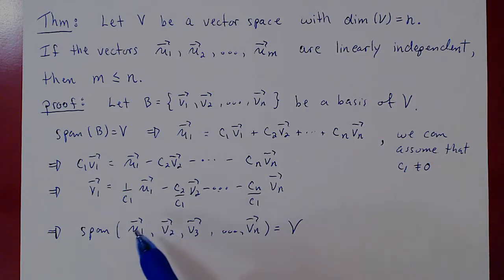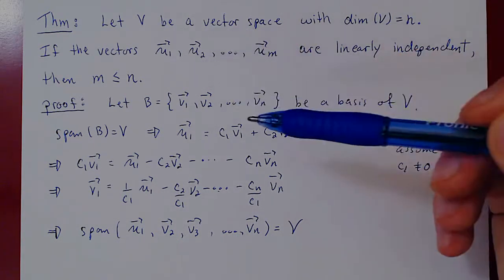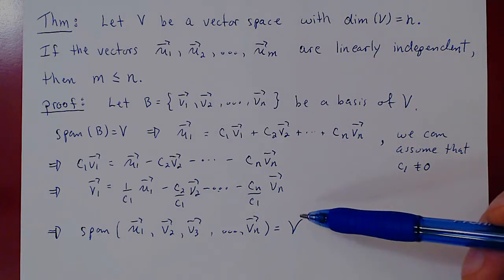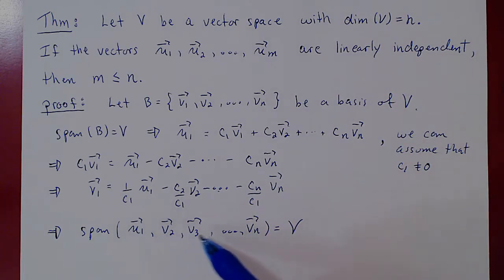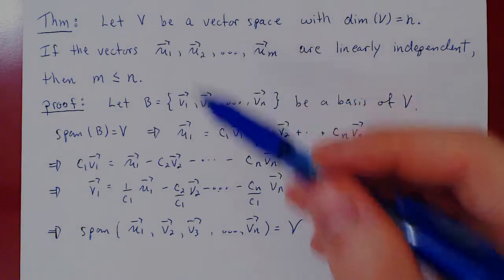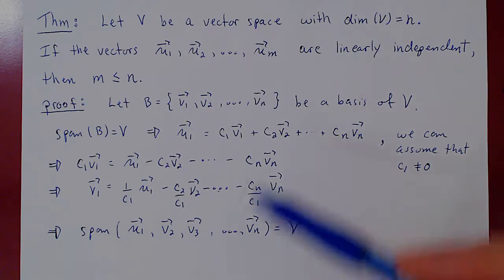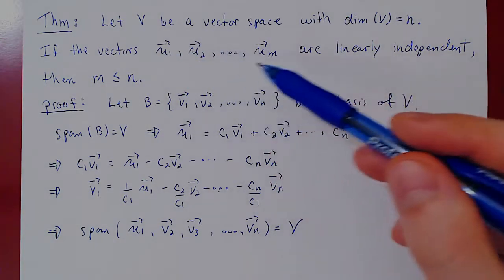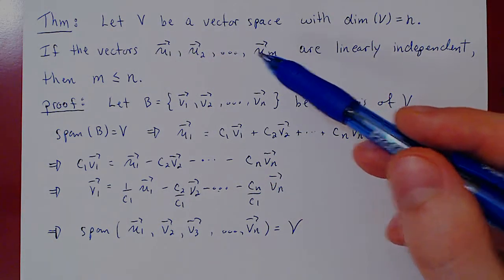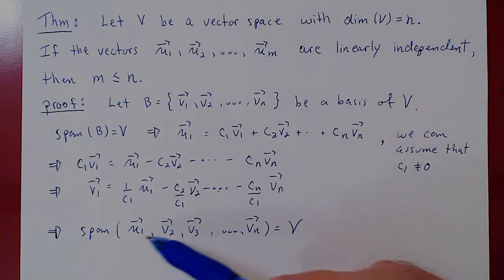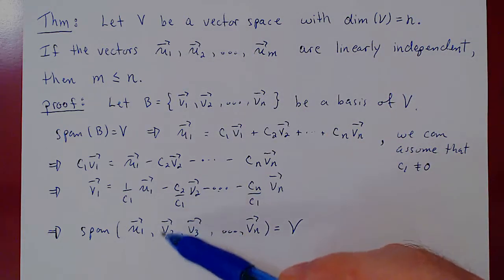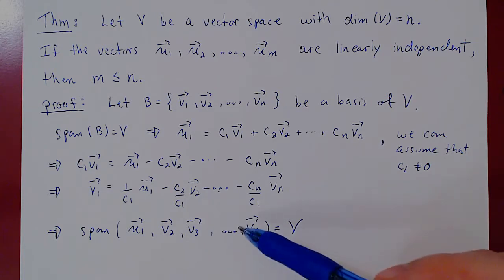And you think of it, well, why stop there? We can repeat the argument, right? u2 is a vector in V, and these n vectors generate the entire space, and so u2 is a linear combination of these n vectors. As these vectors are linearly independent, when we express u2 as a combination of these vectors, one of the coefficients of the v's must be non-zero.